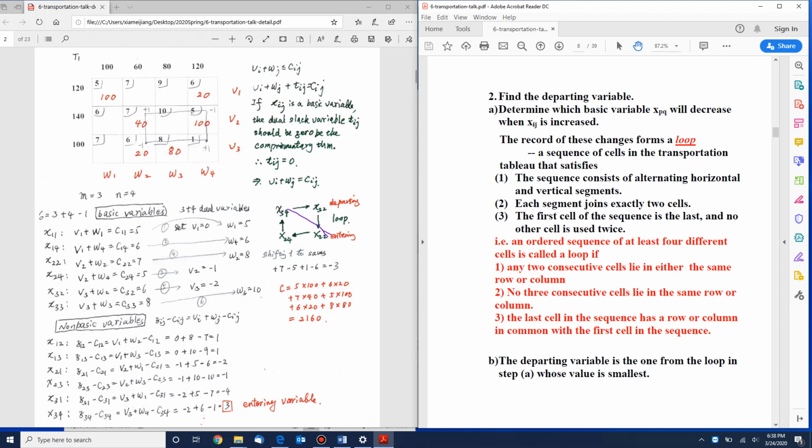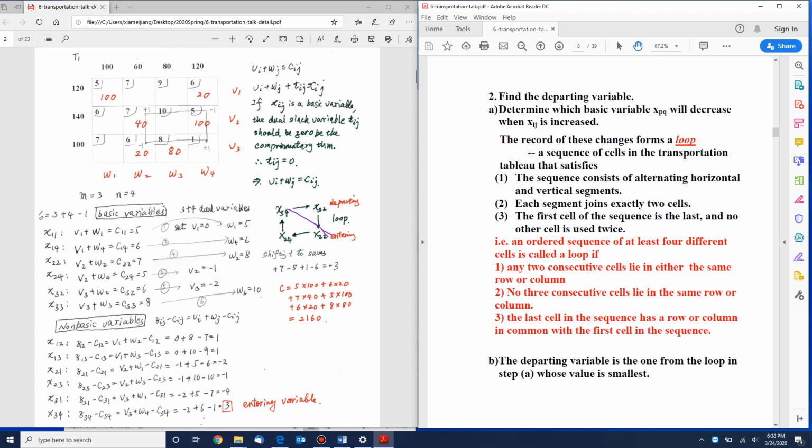Now let's look at the example. On the most left, you could see I have a closed curve, a rectangle, connecting cell 22, cell 24, cell 34, and cell 32.